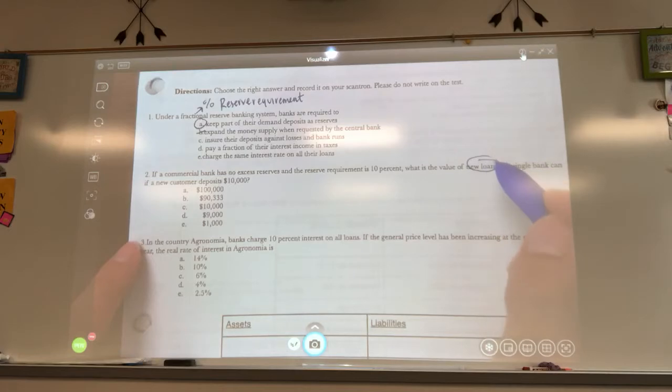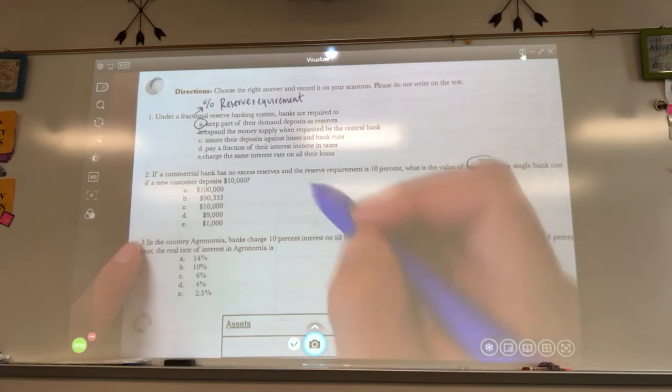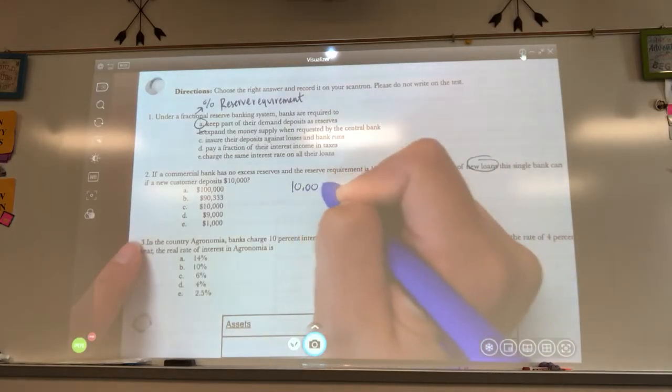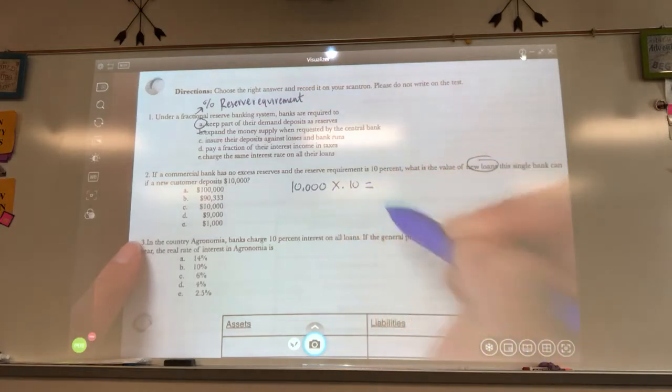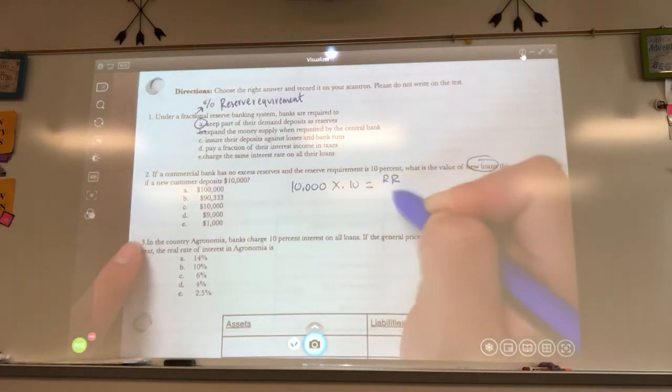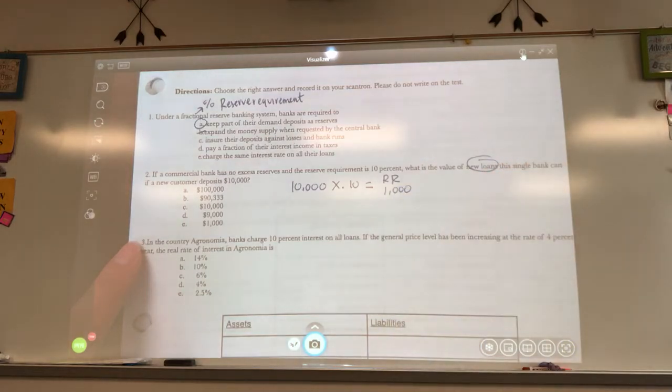New loans, right? So what do I have to do? How do I set up my equation? 10,000 times 10%, which gives me what? What is my reserve requirement? 1,000. Is that the answer?